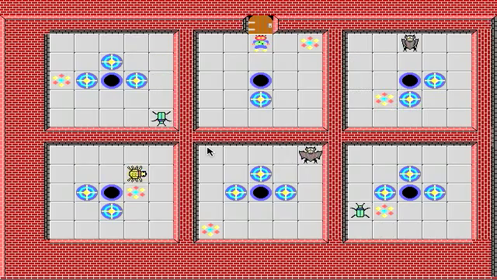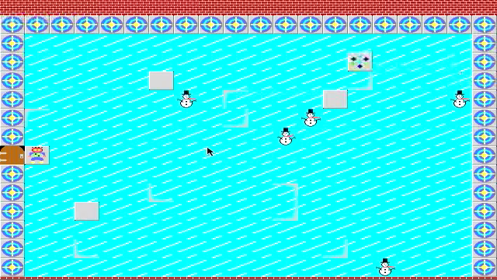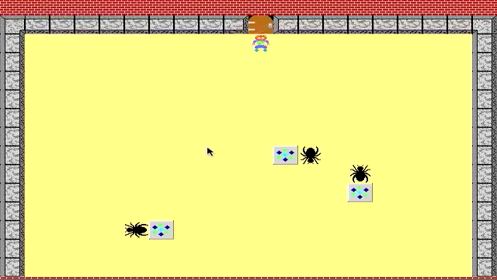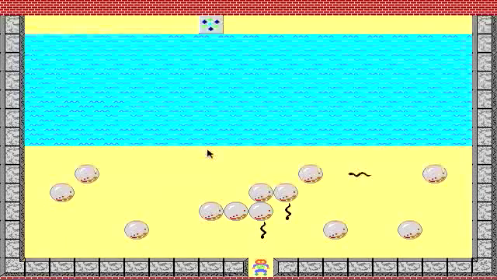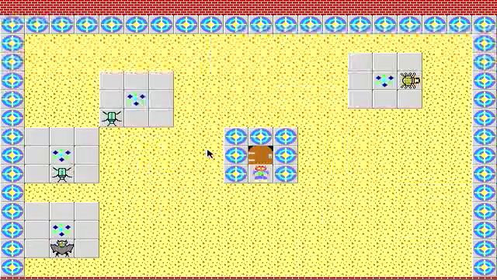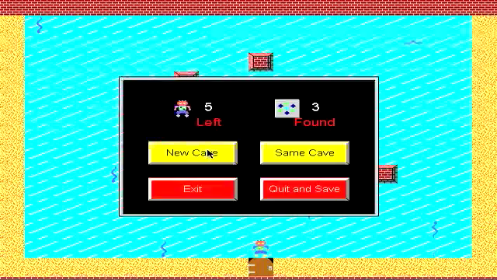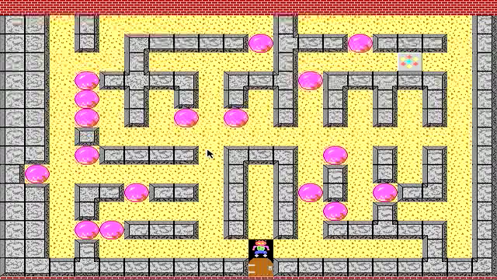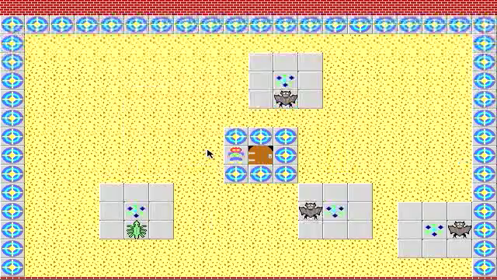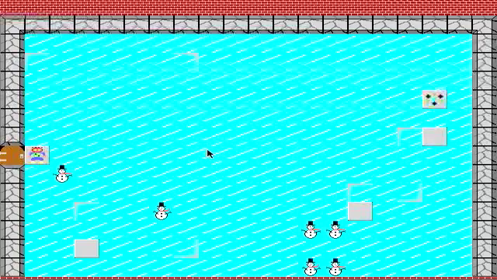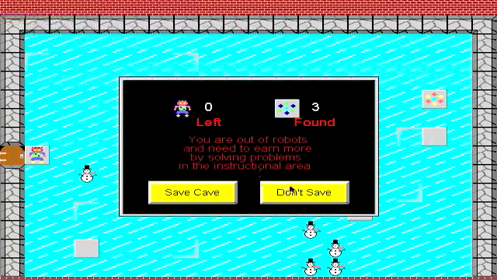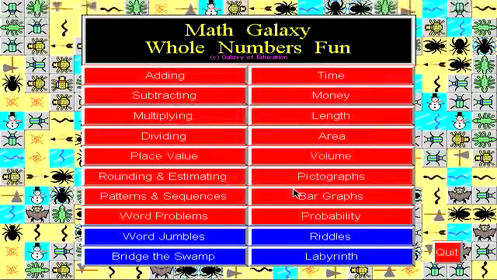So those have been some examples of the mazes.